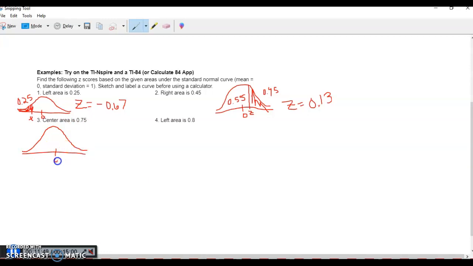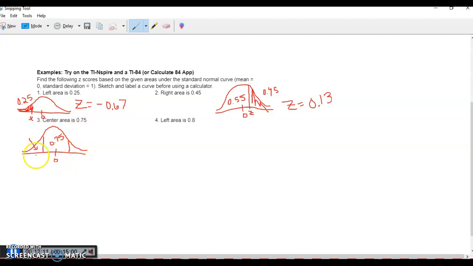So here's 0 in the middle. So I want my middle area to be 0.75. I'm just going to label it here. My calculator does not understand middle areas. It understands left areas. So I need to put in this area. Well, if this is 0.75, that means 0.25 is left over, and half, right?